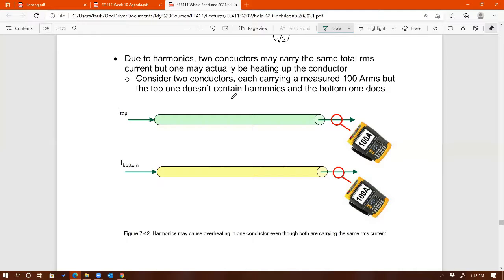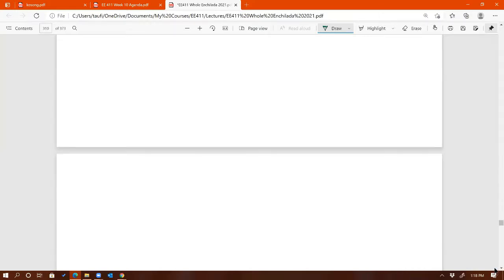Well, now you know from this chapter that it is possible because the second one might carry harmonics, whereas the first one is only carrying the fundamental component. That's why the first one is not hot, because it's only a 60 hertz component, whereas the second one has 60 hertz plus harmonics, and if you sum the harmonics plus the fundamental component and calculate RMS, it gives you 100 amps as well. So here's the mathematical proof.